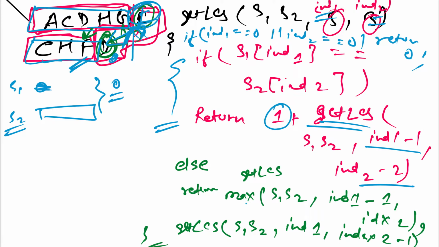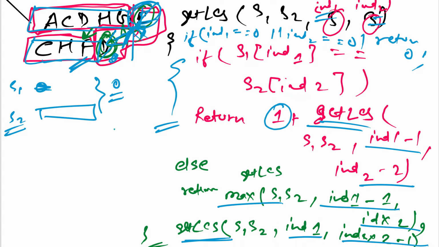That's why we calculate both possibilities and return the max of them, index 1 minus 1 and index 2, or index 1 and index 2 minus 1. In one case we remove one character from this string, in the other case we remove one character from that string.